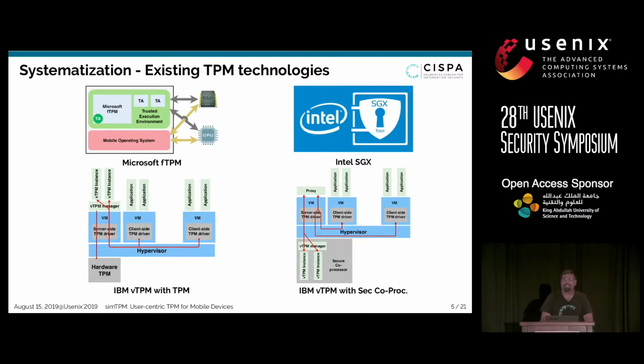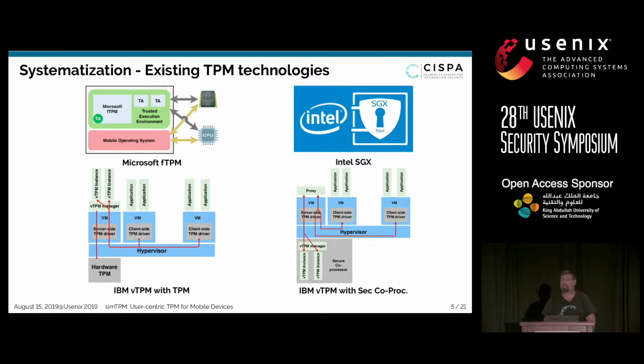Though Intel SGX is not a TPM technology, many of its features are similar to a hardware TPM, and in recent research we can see a handful of attempts to implement software TPMs inside the SGX enclave to provide trusted computing to users.